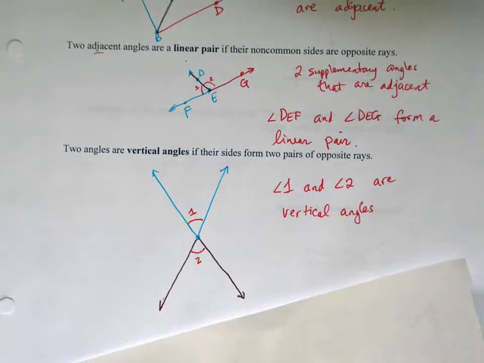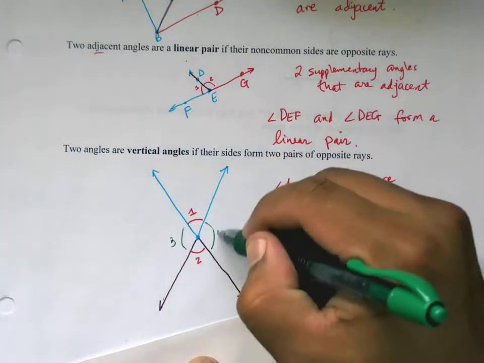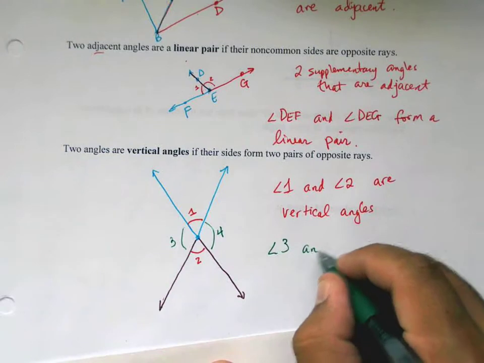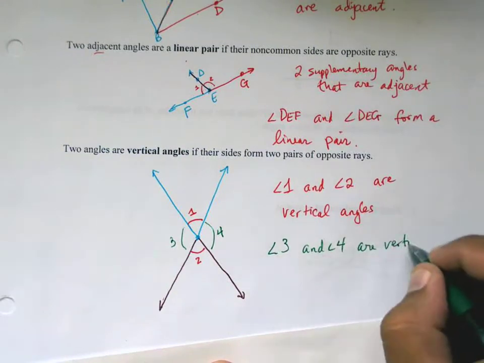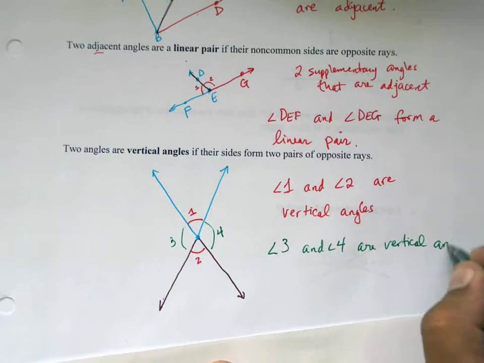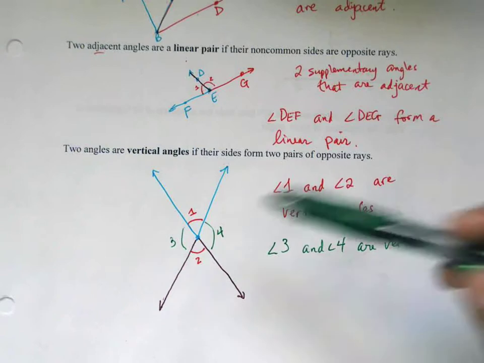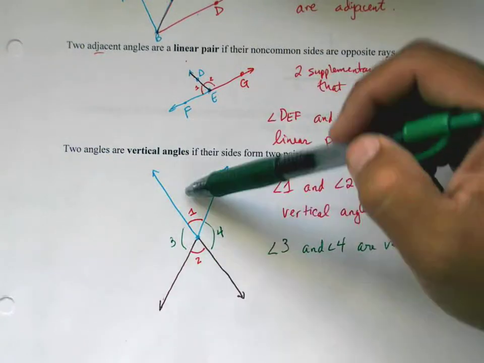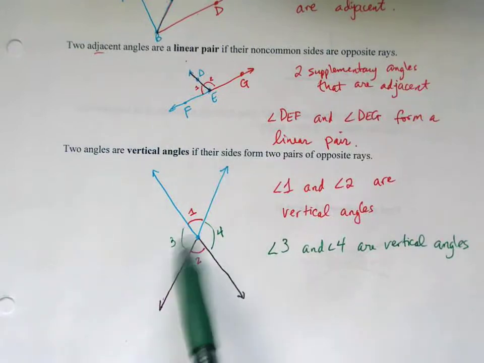You can also see that angles 3 and 4 are also vertical angles. Basically, vertical angles are just formed when two lines intersect each other. The angles on the top and bottom are vertical. The angles on the left and right are also vertical angles.